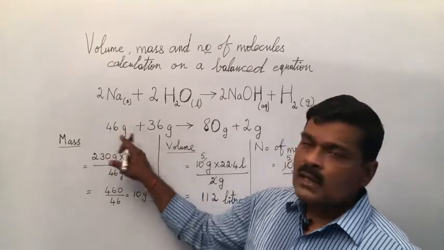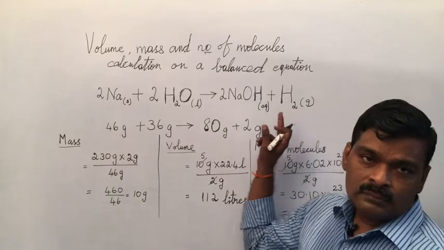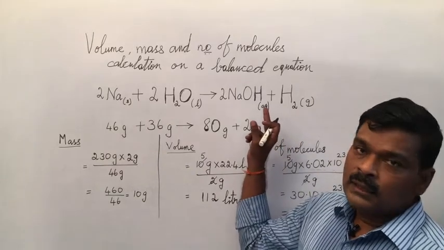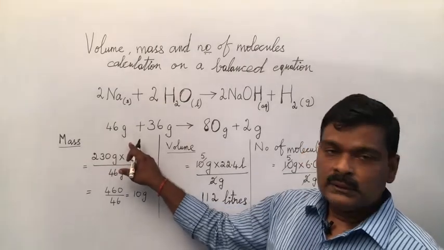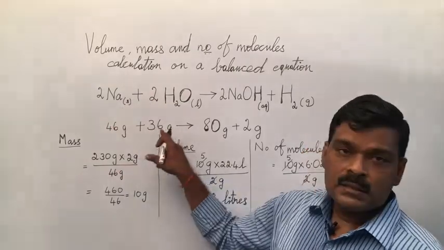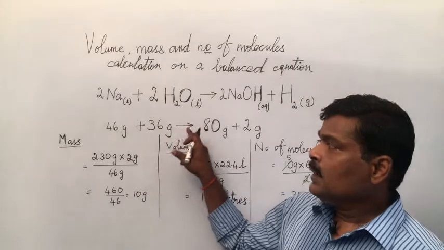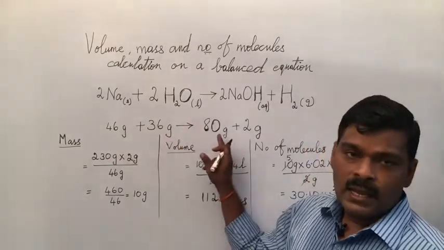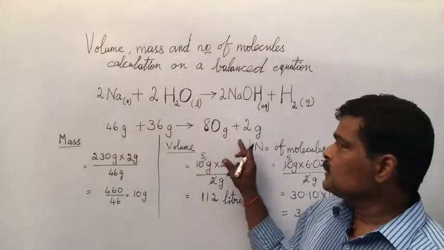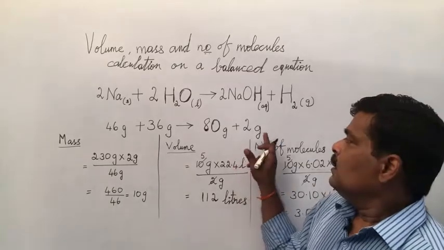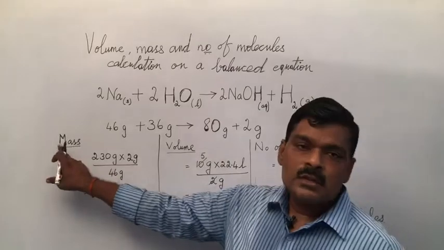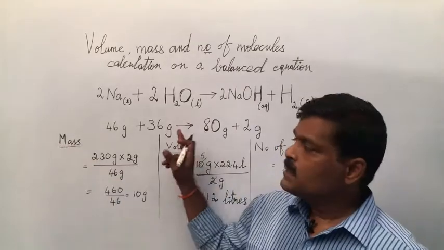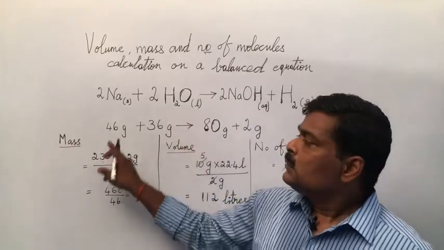Similarly we calculate for the other molecules, and we get 46 grams of sodium plus 36 grams of water reacting to give 80 grams of sodium hydroxide and 2 grams of hydrogen gas.